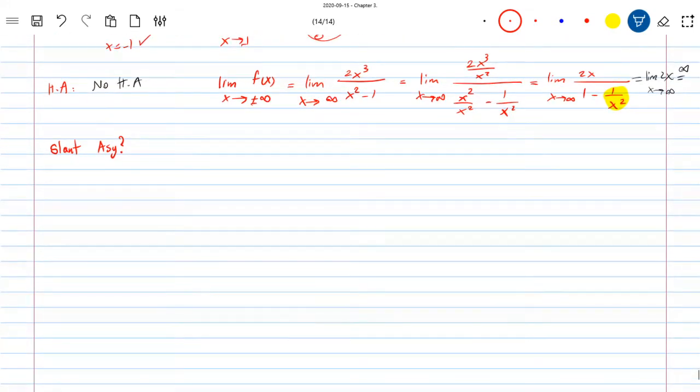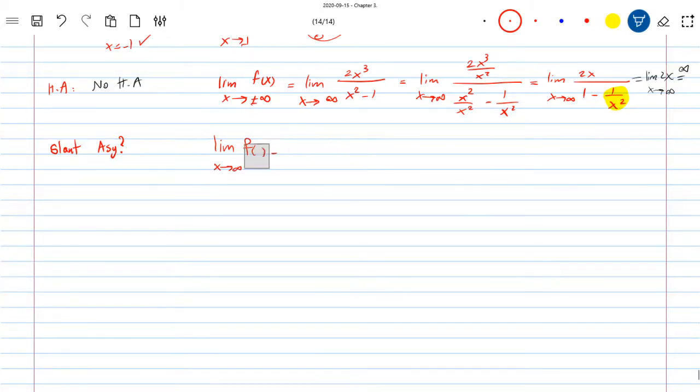The best way to deal with it is, since you expect the slant asymptote to be a straight line, mx plus b, that means if you find the difference between the function minus that line, in the limit sense, you expect to get 0. Let's ignore that constant b. If you figure out what m is, then by replacing it into the function and subtracting, you can figure out the value of b.